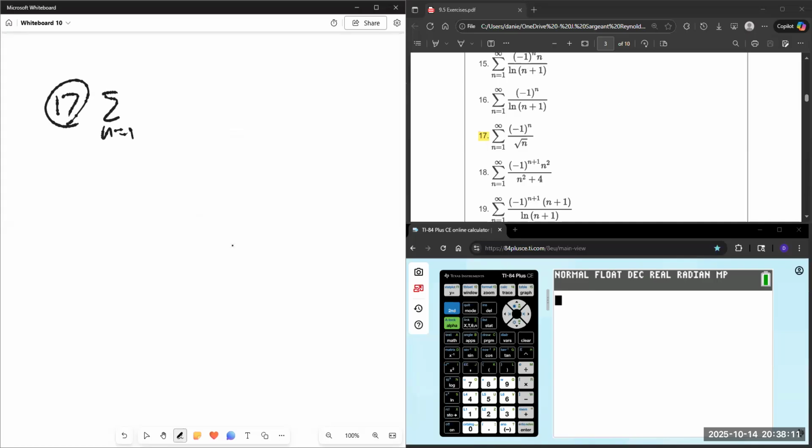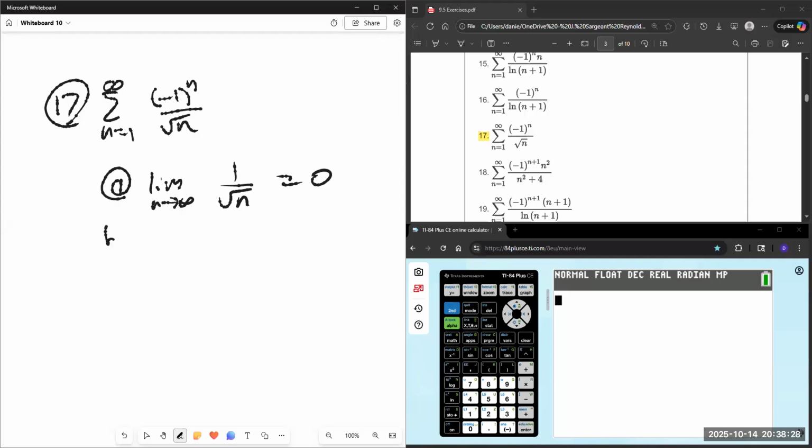Let's look at number 17. Summation n equals 1 to infinity, negative 1 to the n over square root of n. So the limit as n goes to infinity of 1 over root n is equal to 0. Is 1 over root n plus 1 always less than 1 over root n?